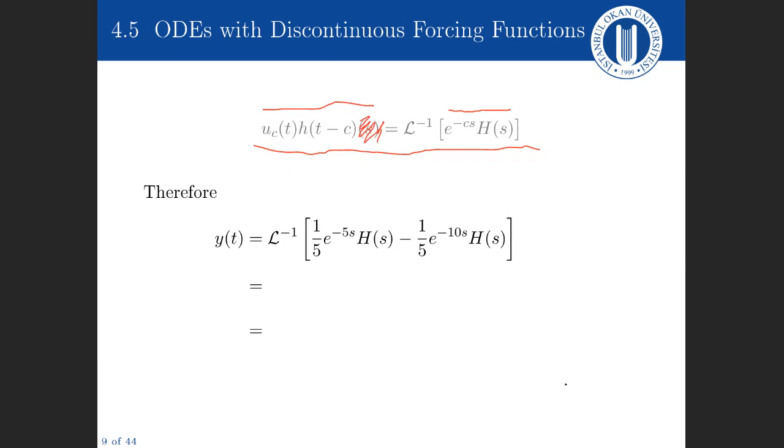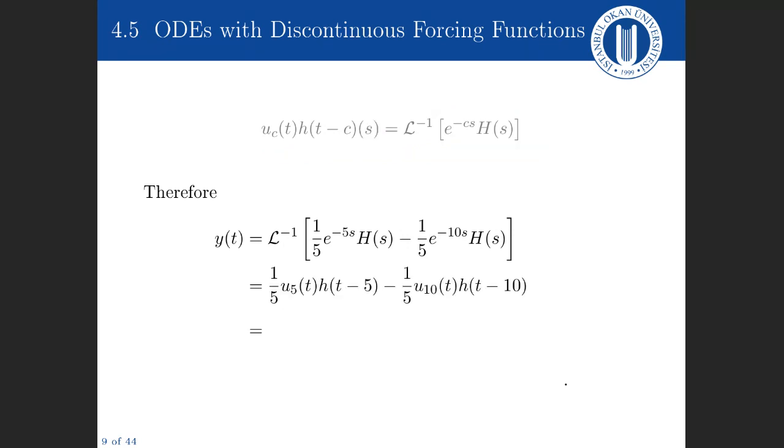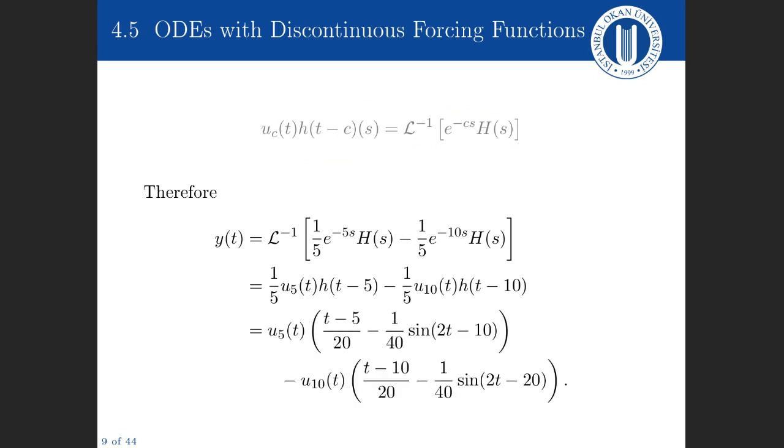This s should not be here. So we have 1 over 5 u5, h at t minus 5, minus 1 over 5 u10, h at t minus 10. And then we're pretty much finished. We know small h, substitute this in, and we get our answer.